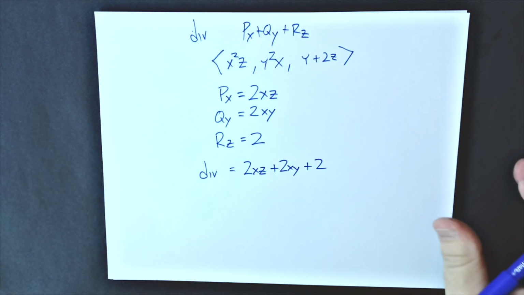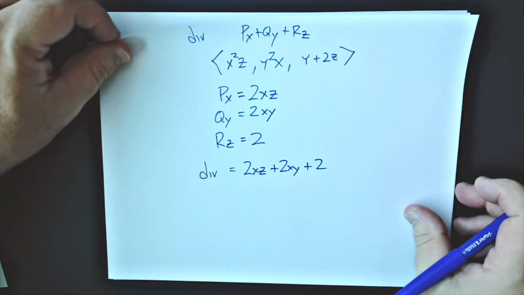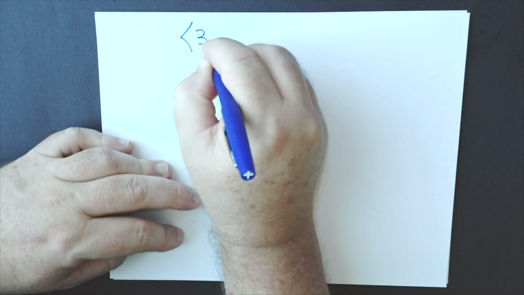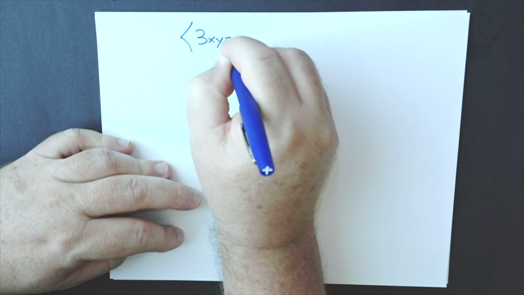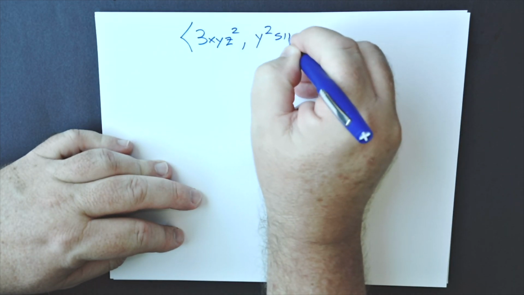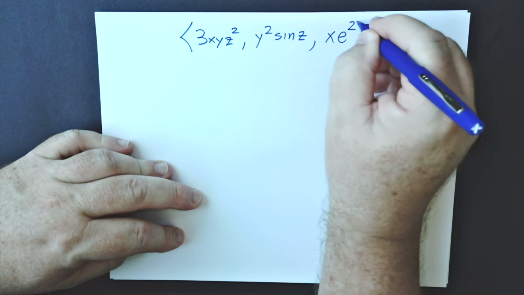Fairly straightforward. Let's do one more like this, another one. Let's look at 3xyz squared, y squared sine z, x e to the 2z.